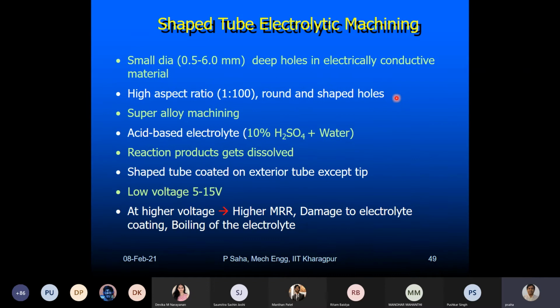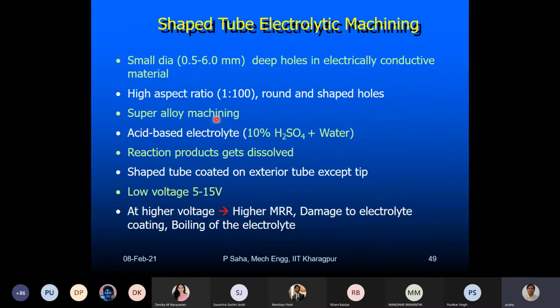Through this process we can create holes in superalloys. We are using acid based electrolytes, around 10% sulfuric acid, with the remaining 90% water.